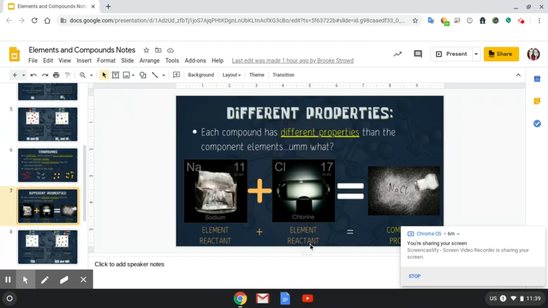And when they form chemically together, they become salt. That is our product. So product's what it makes. And when we're talking about the component elements, we're just referring to the fact that sodium looks one way and chlorine looks one way as reactants. But when you make a product with it, you get table salt.